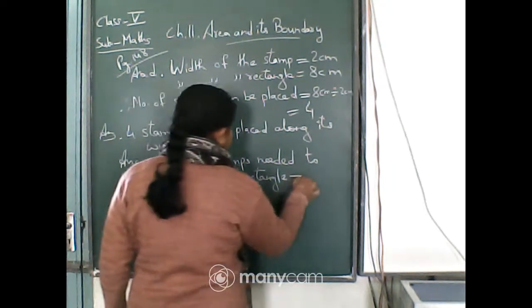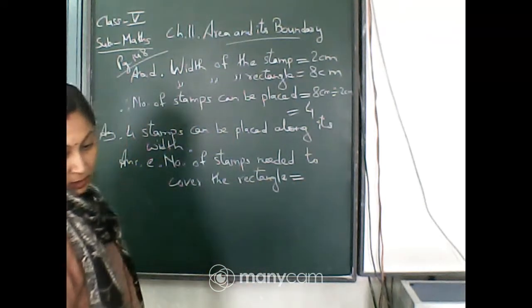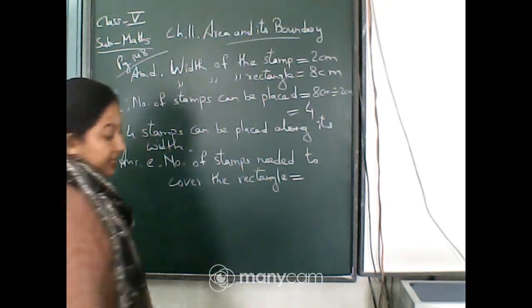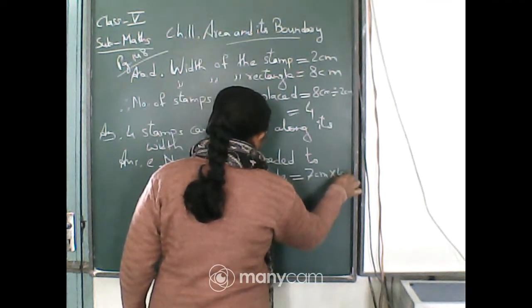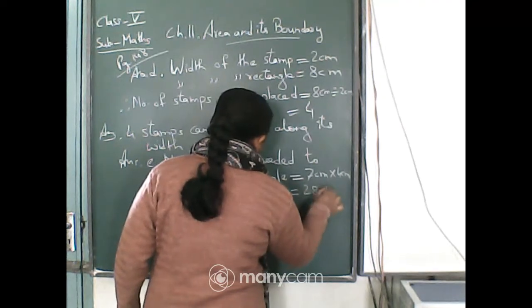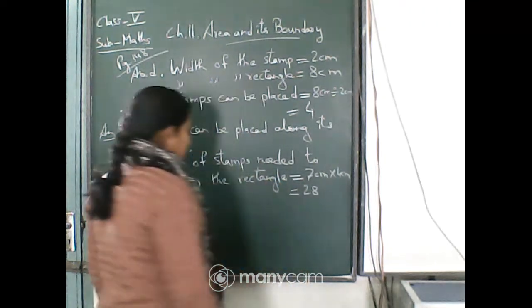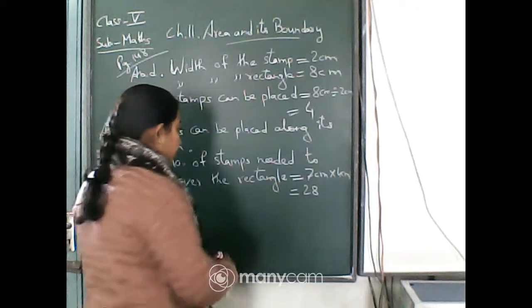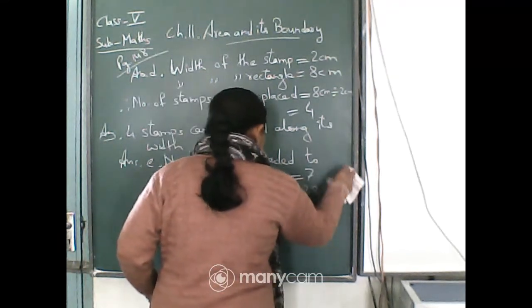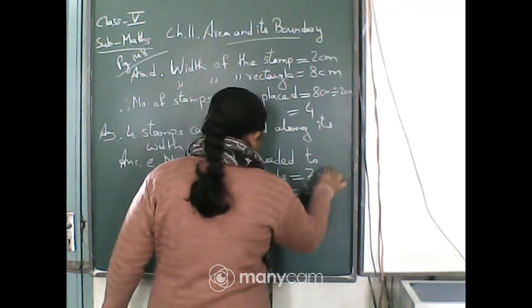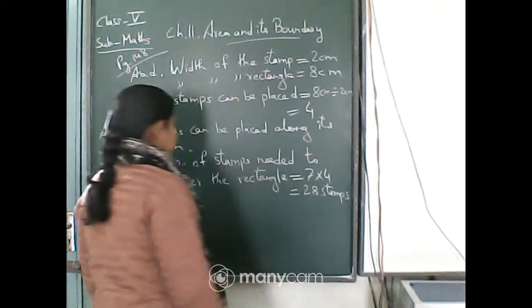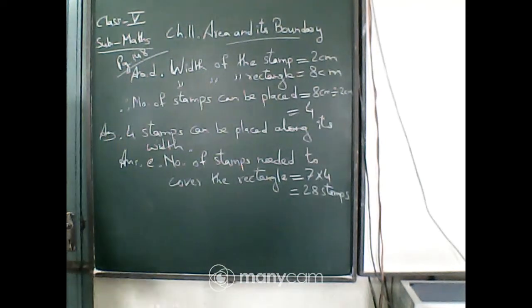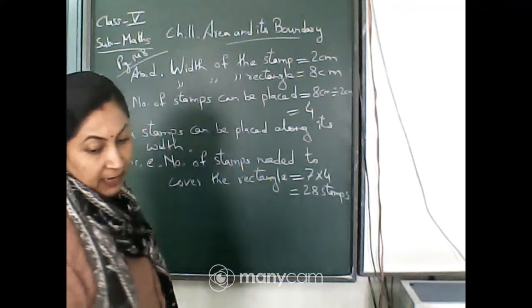That is how much? Exactly 7 into 4, that is 7 4s are 28. Sorry, this centimeter you will not write, you will only write 7 into 4 stamps, because we are finding the number of stamps. So it is 28 stamps.